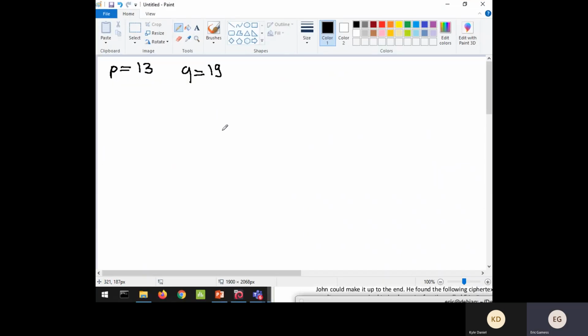What should I do first? I need to compute what? The modulus, that we call n. And n is what? P times Q. So it will be 13 times 19.